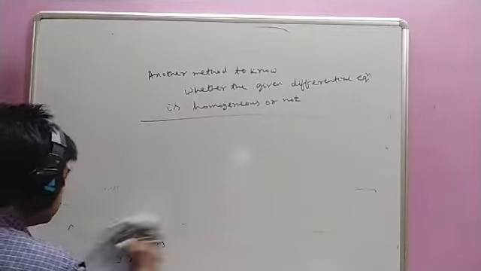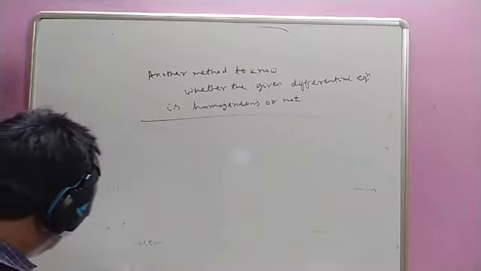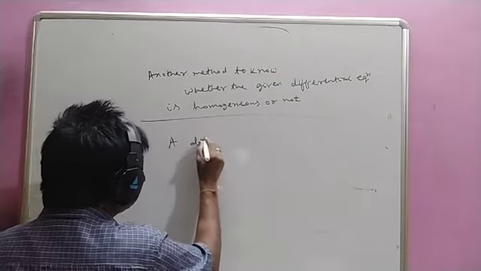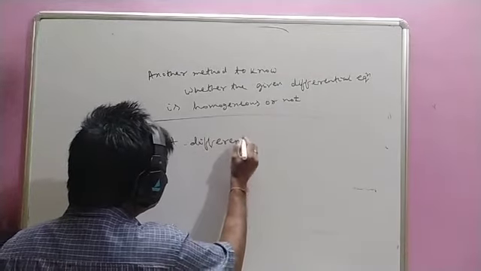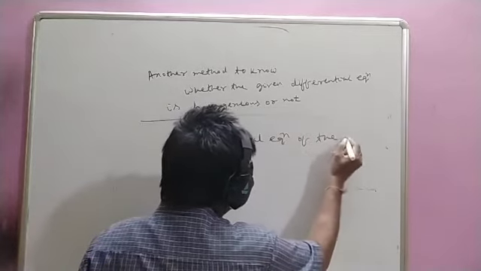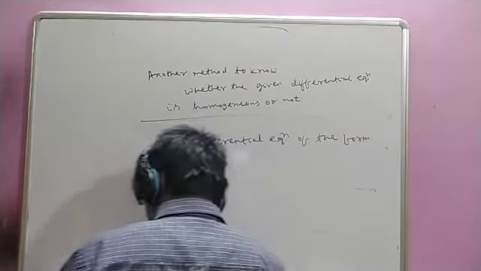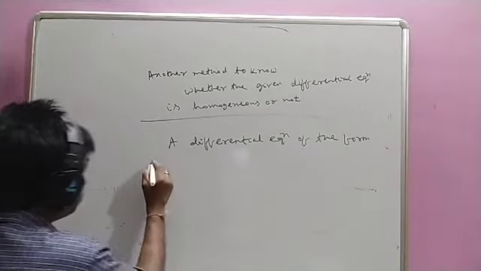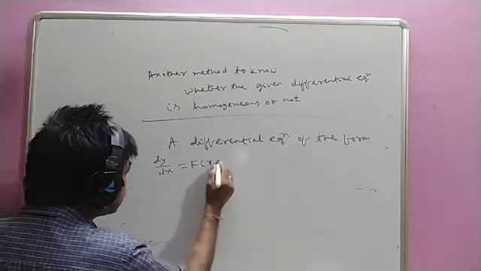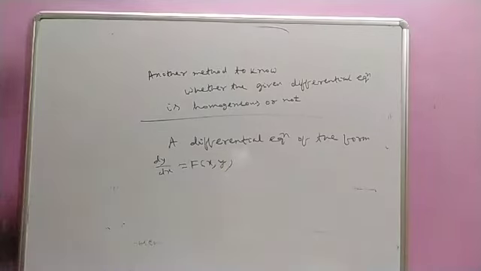So what is that method? You write a differential equation of the form dy by dx is equal to f(x,y). f(x,y) means it is a function of x and y.